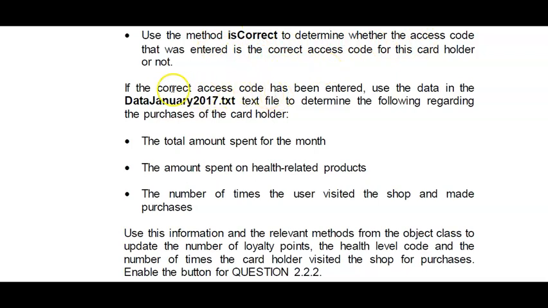And if it was, then you need to loop through this text file. And you need to determine the total amount spent per month. Remember I showed you just now that the same card number appears many times, so you have to add them all up. And also the amount spent on health products and the number of times they visited this shop. Press pause and just do this bit for now.